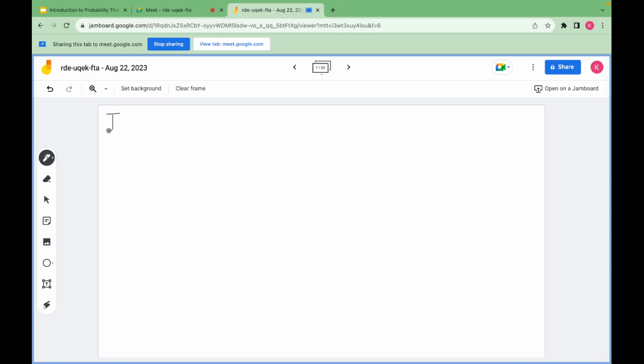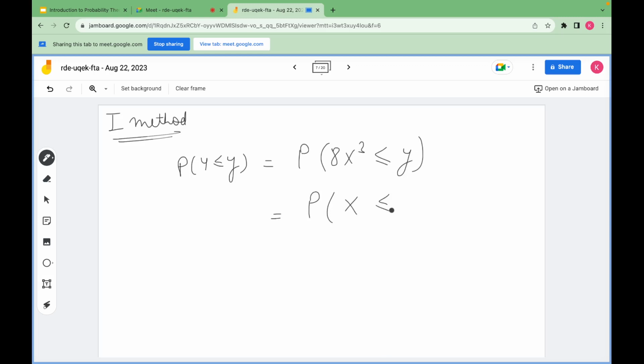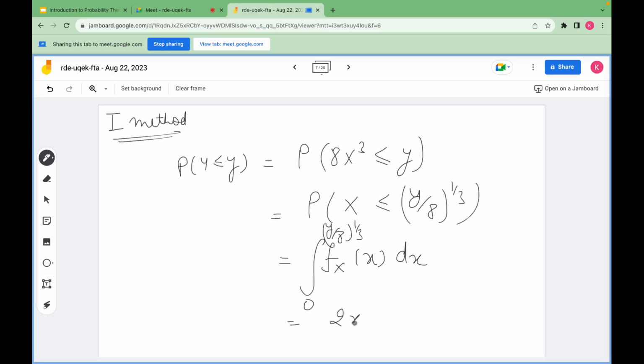So first method. Probability that y is less than small y. We replace y with 8x cube. So probability that x is less than or equal to y by 8 to the power 1 by 3. This is nothing but the integral of fx dx from 0 to y divided by 8 to the power 1 by 3, where fx is 2x.